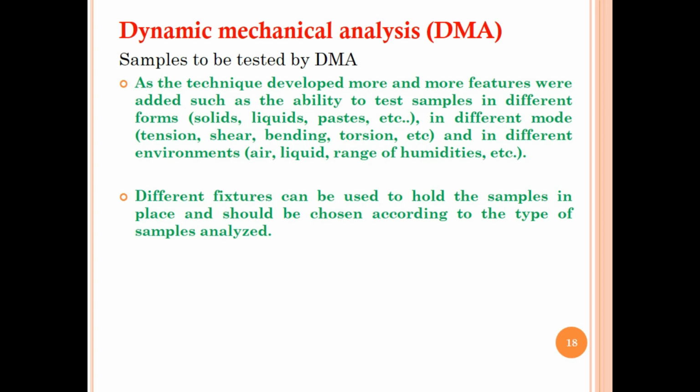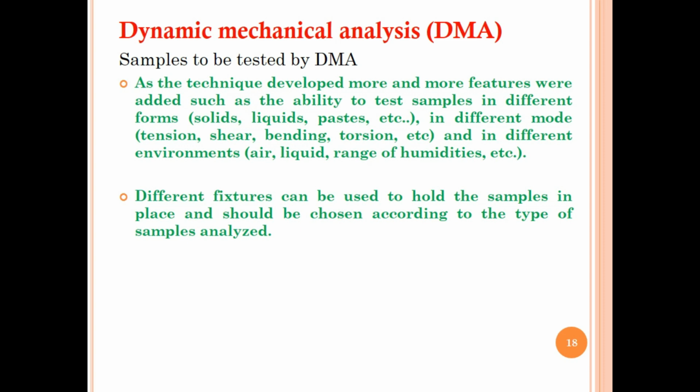Now, what kind of samples can be tested by DMA? As the DMA thermoanalytical technique developed, more features were added, such as the ability to test samples in different forms, solid, liquid, paste, etc., in different modes, tension, shear, bending, torsion, and also in different environments.